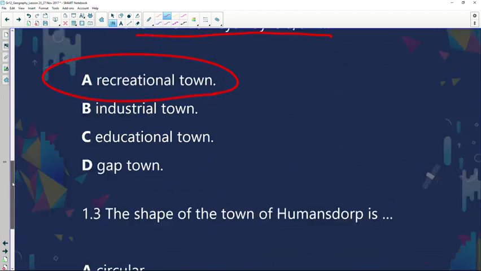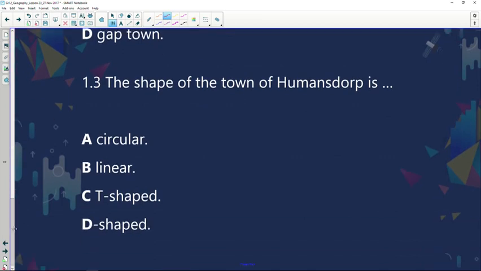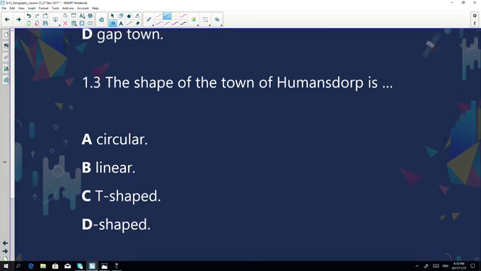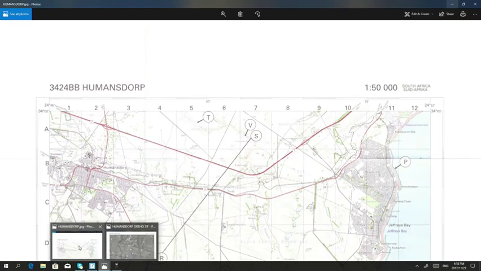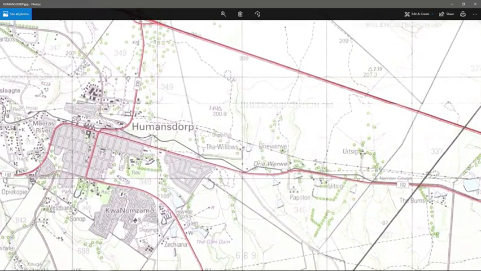If we look at our next question, the shape of the town of Humansdorp is circular, linear, T-shape, or D-shape. Let's just quickly go to our map of Humansdorp and we move over to the town. And as you can see, there's Humansdorp on the map.